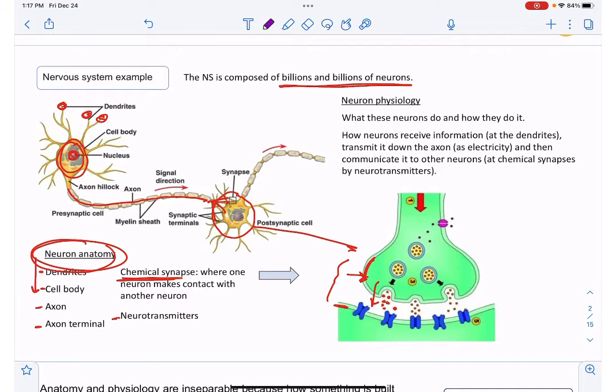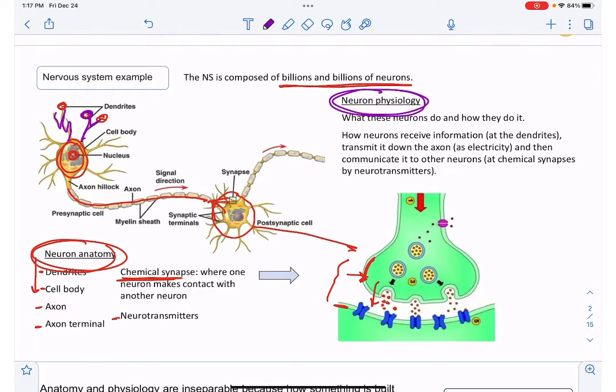But what about neuron physiology? What do these neurons do and how do they do it? Well, it's these receptive regions, these antenna-like regions, the dendrites, that are going to receive information. They're going to receive information from other neurons, for instance.